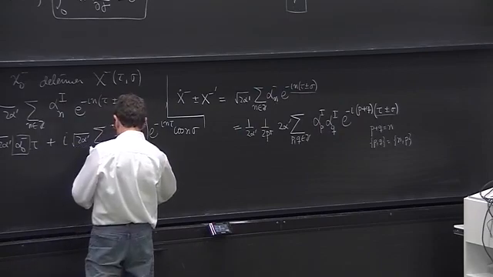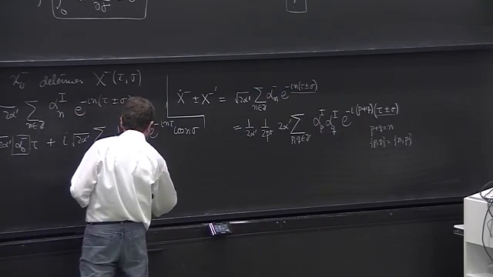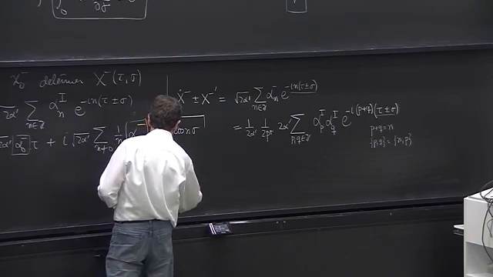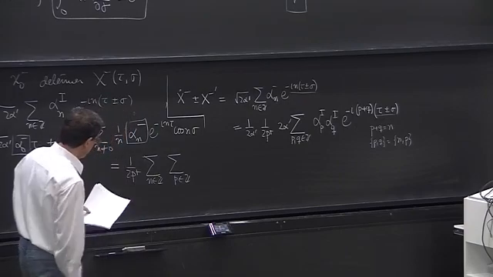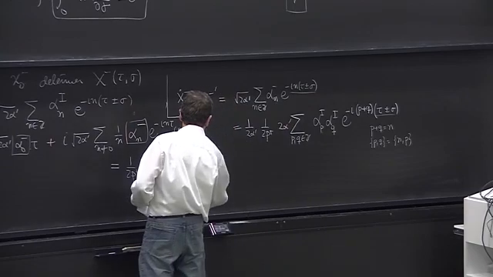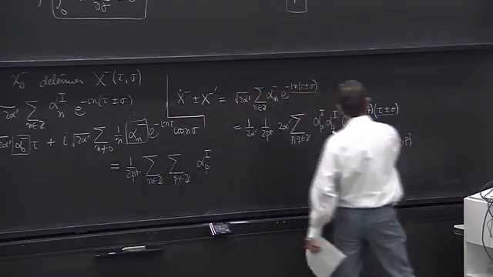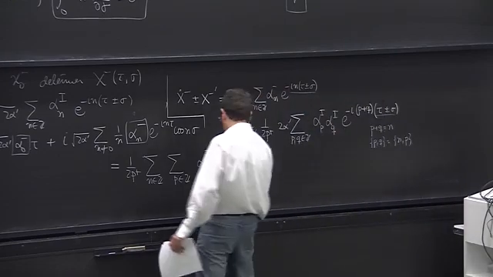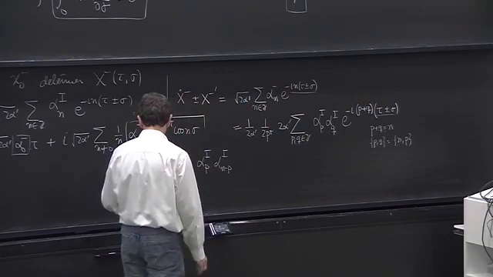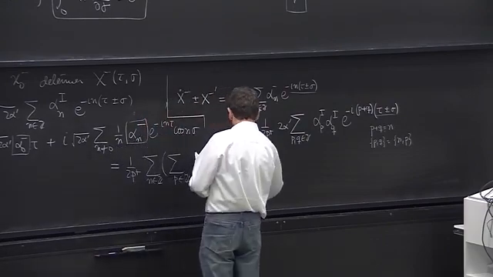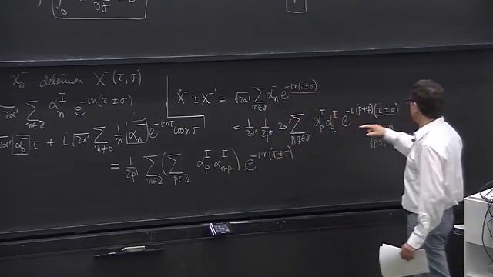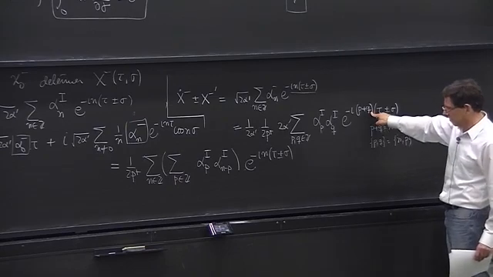So you will have the sum over all n, and then the sum over all p belonging to Z. And what do we have? Alpha p, q now must be put n minus p. Alpha n minus p i. And then I have e to the minus i n tau plus minus sigma, because this was called n on purpose.